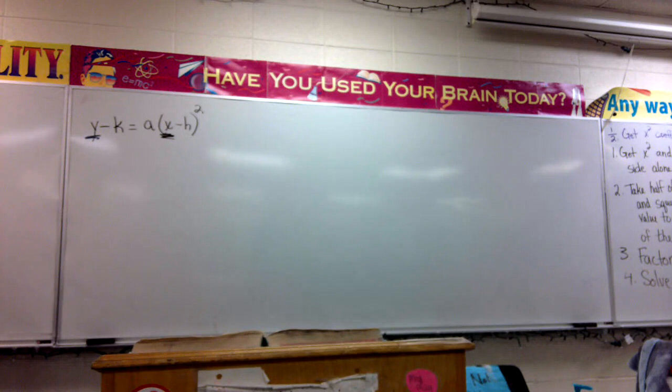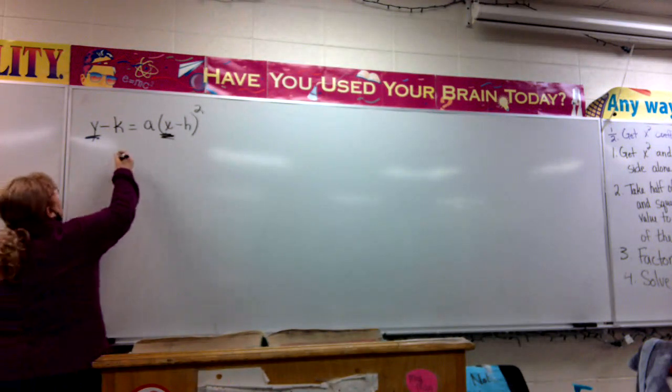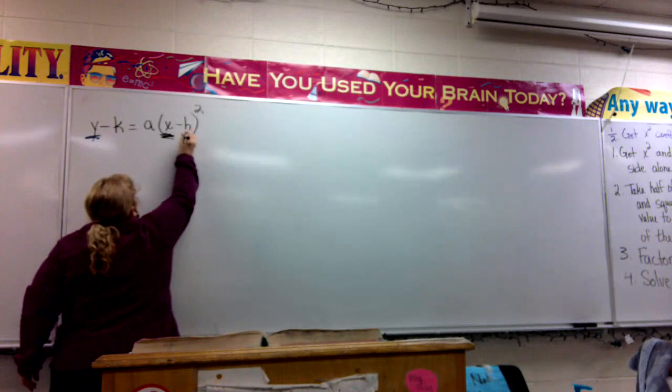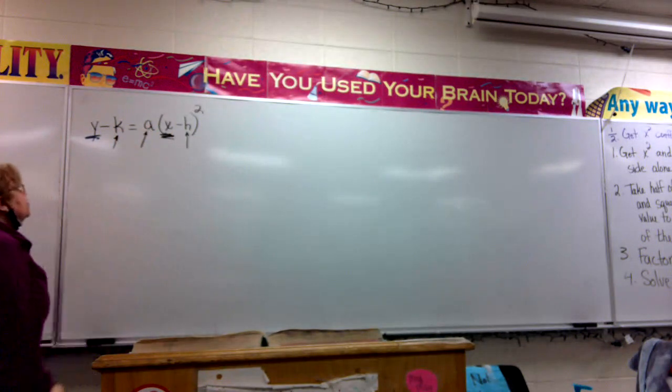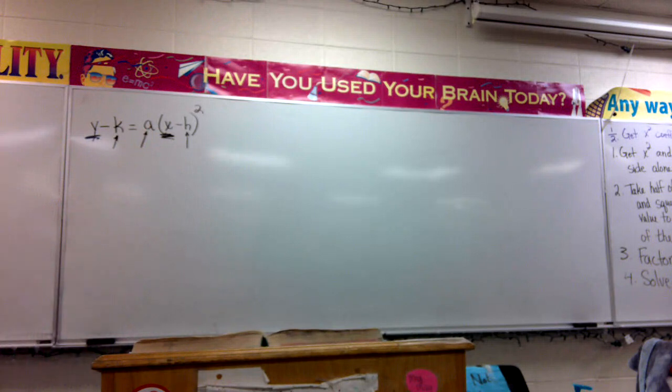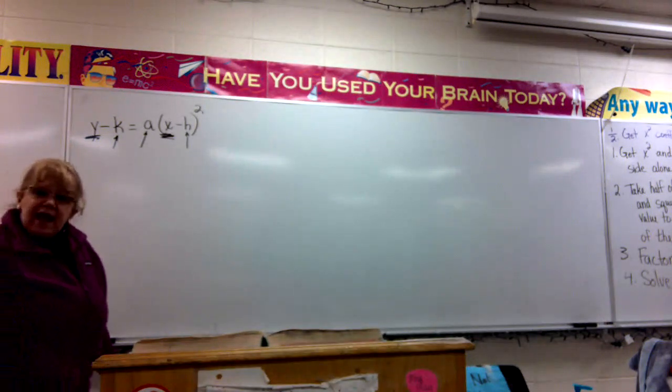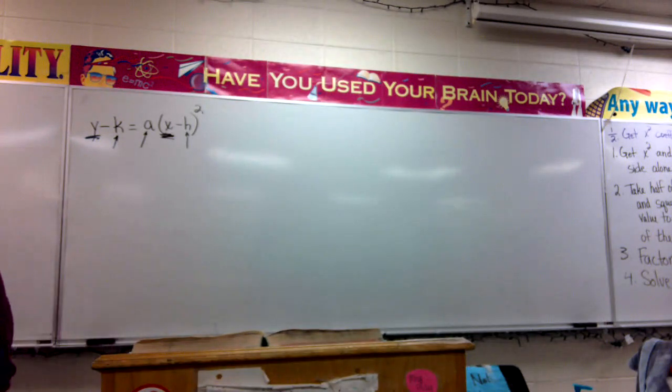You don't need to fill in the x and the y with anything. But then you have these other values, h, k, and a. Those values tell us something about this figure that we're going to graph. And this figure is called a parabola.